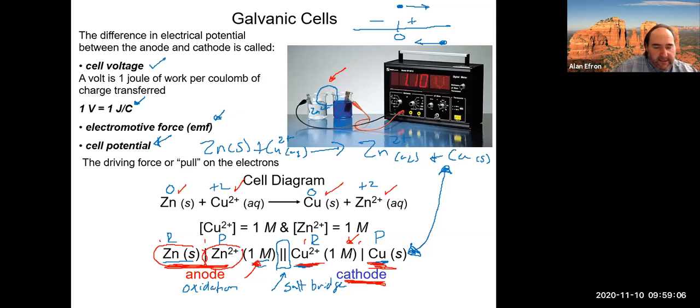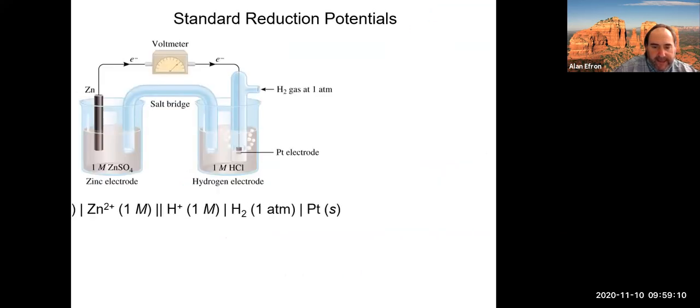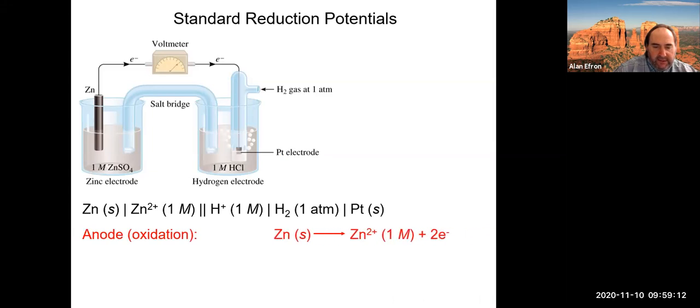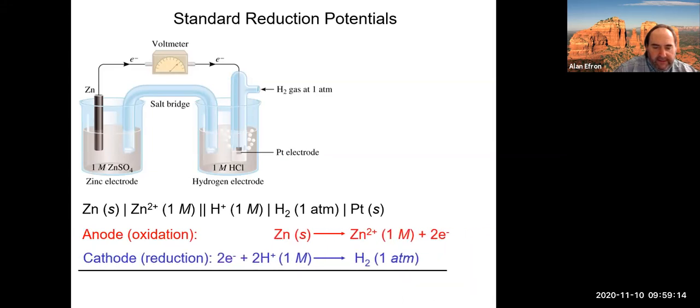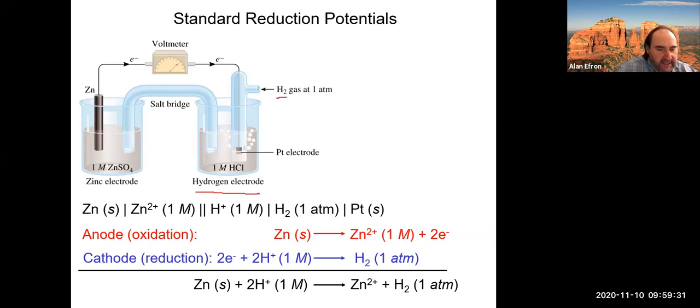Okay, so let's talk about these electrochemical processes and these galvanic cells. If we hook up a galvanic cell, as we see here in this picture, we have our zinc on one side, and on the right-hand side we have a hydrogen electrode. Since hydrogen is hydrogen gas, this is what I was talking about a second ago.